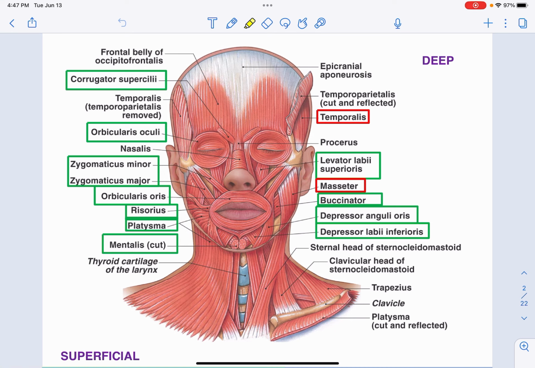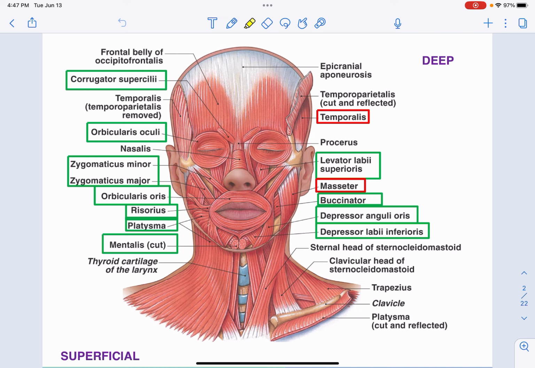And I've highlighted what I want you to know. Although I may go over all of the origins and insertions of the muscles, I've highlighted in yellow the only ones that I want you to know for origins and insertions. So I'm trying to reduce the amount of material that you have to memorize because it would be very extensive.